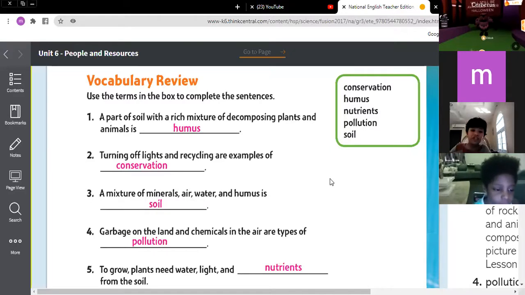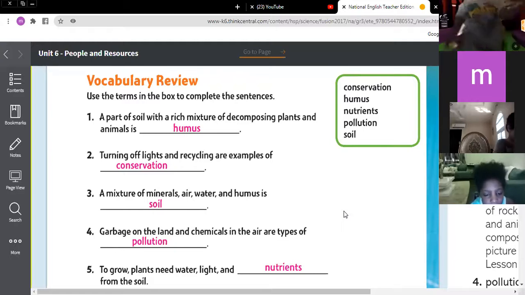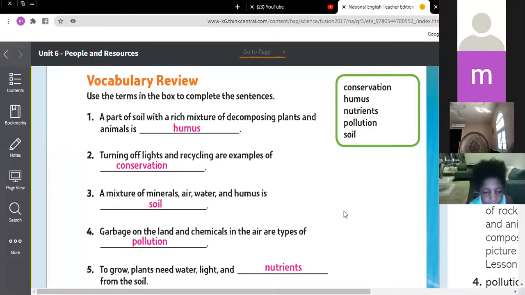Ali, when should we turn off the light? When we are not using it.